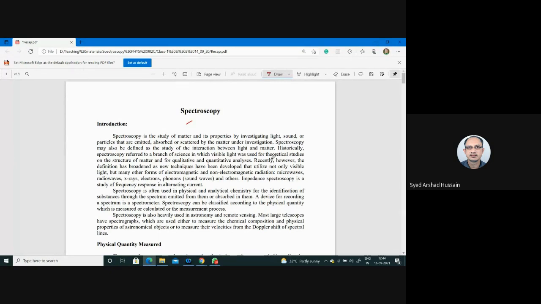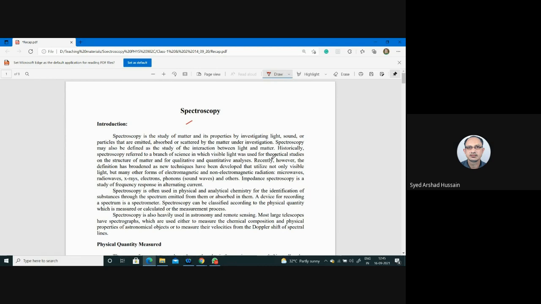For example, when organic chemists synthesize new materials through chemical reactions, theoretically they know that if they follow a certain reaction, the output product should be of a certain kind. How will they confirm it?